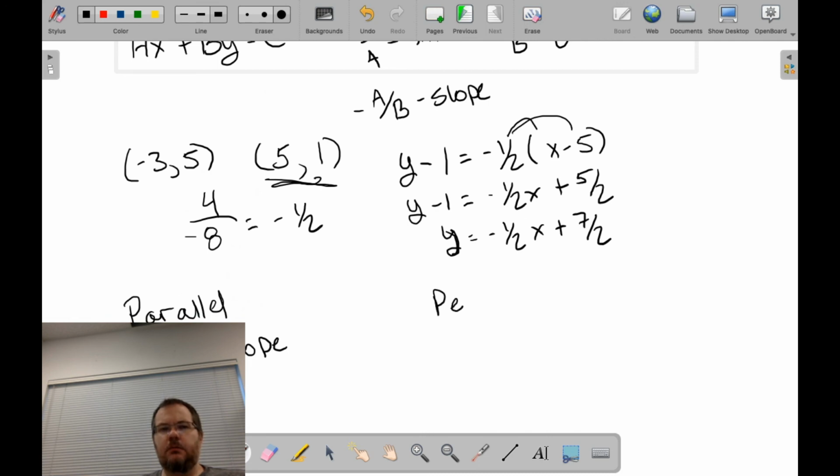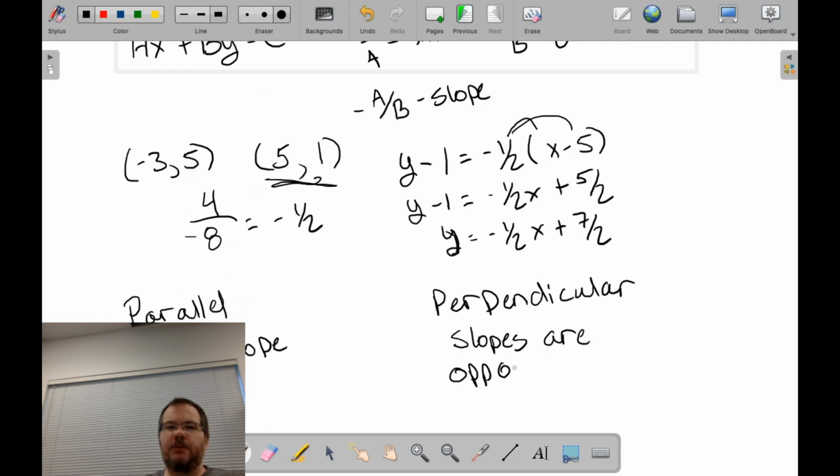And perpendicular means not only that 2 lines intersect, I always misspell this at least once per school year, but that they intersect at a 90-degree angle, which means that their slopes are opposite reciprocal.